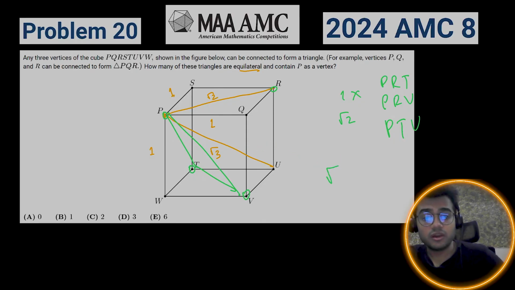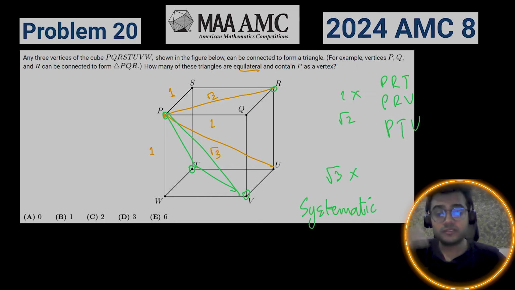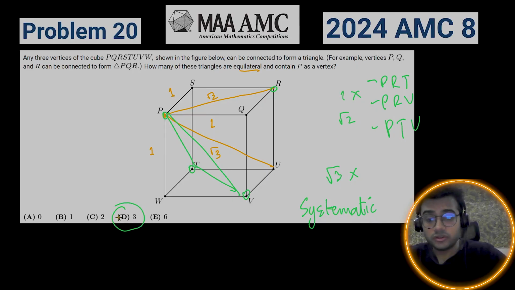So we cannot have an equilateral triangle with side length of square root of 3. So that's it. Again, we used systematic counting. We went through all the possibilities systematically and considered them one by one. So we didn't overcount, and we made sure that we did not miss any possibility at all. So there are only three possibilities, and that gives us the answer D.